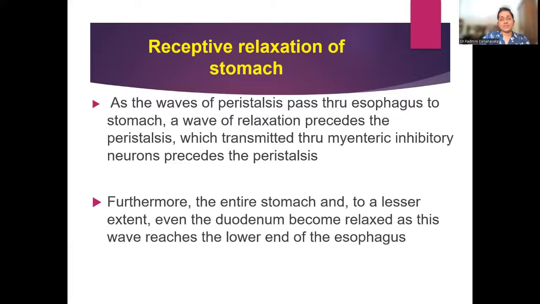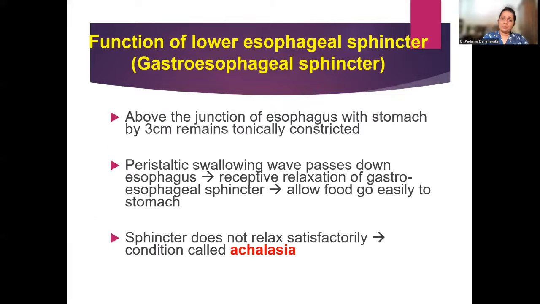That means the entire stomach and maybe to a lesser extent the duodenum will be relaxed. Especially the stomach area will be relaxed to receive the food bolus coming from the esophagus. That process is known as receptive relaxation of the stomach. That is again a very important process which will occur at the end of the swallowing process.